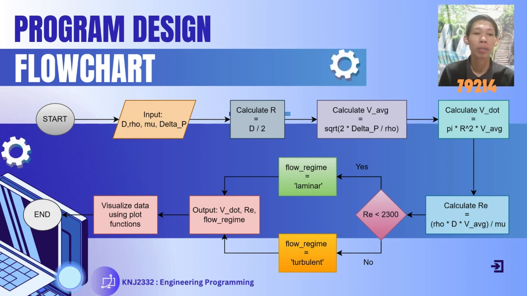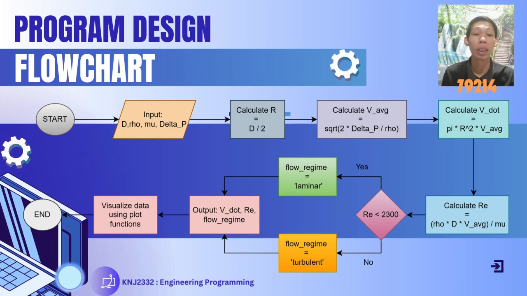To identify the flow regime, we calculate the Reynolds number, Re, using rho, V, D, and mu. The decision: here, the program checks if the calculated Re is less than a threshold value, typically around 2300.